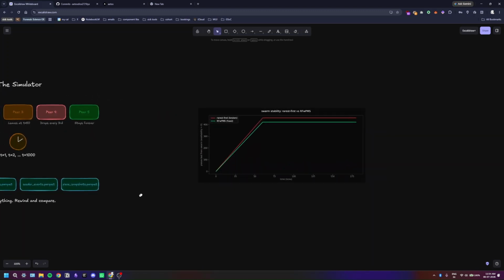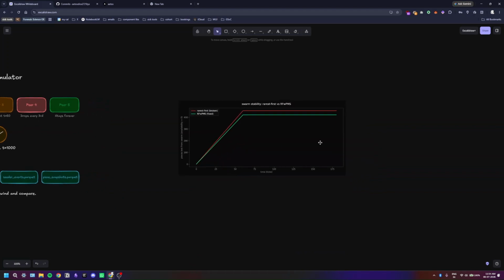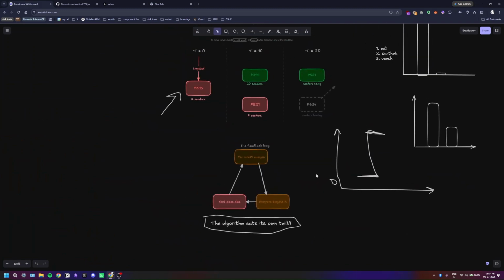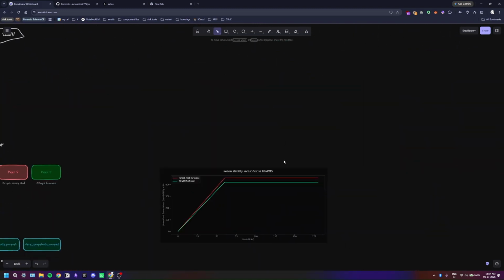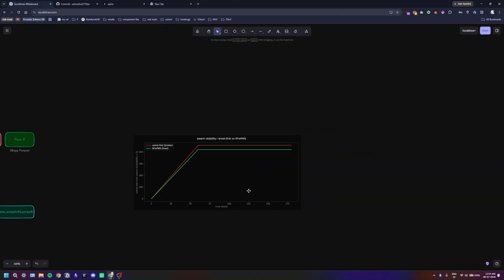And I came up with this chart. The red line is the approach of the old guard, which is the rarest first algo, and the green is my approach, the probabilistic mode suppression. On the y-axis is pieces lost from the swarm, and the x-axis denotes the time.